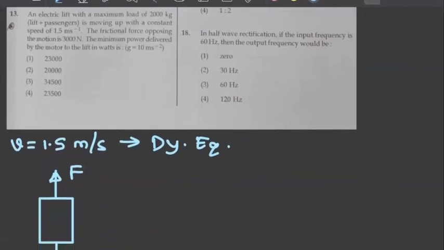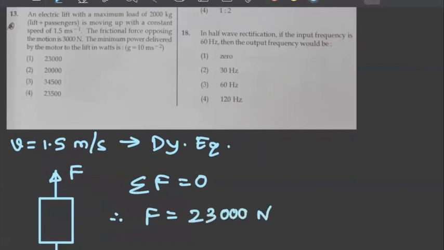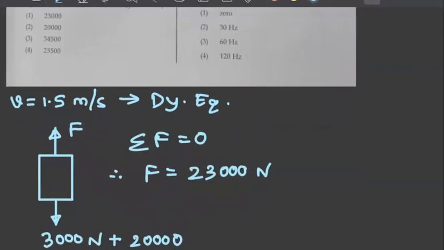That means the upward force, summation F is 0. Dynamic equilibrium means summation F is 0. So the upward force F is going to be the downward force, which is 20,000 plus 3,000, so 23,000 newtons. They are asking us the power value. So the power is simply force into velocity, so that is 23,000 into 1.5.